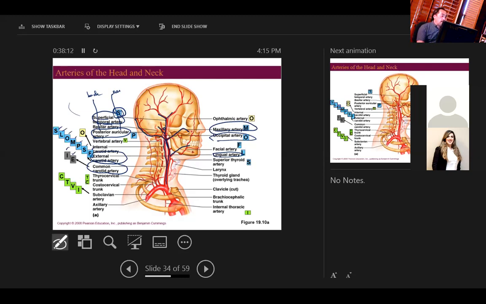Now, what is your S? S is the superior thyroid artery. I'm looking for the branch of the external carotid artery that goes above the thyroid gland. This is your external carotid artery, and this is the one that goes above the thyroid gland. So that is your superior thyroid artery.